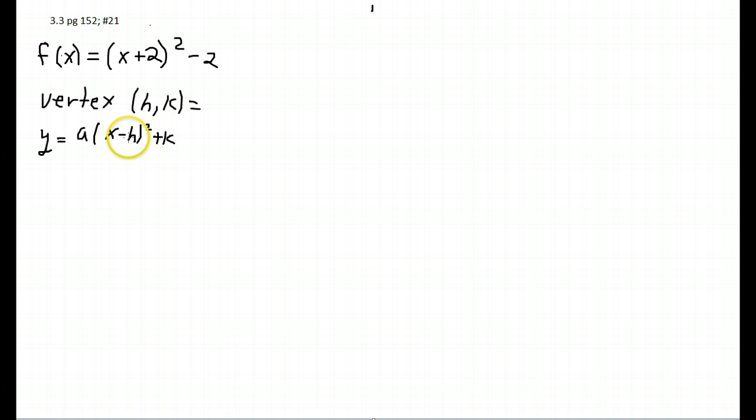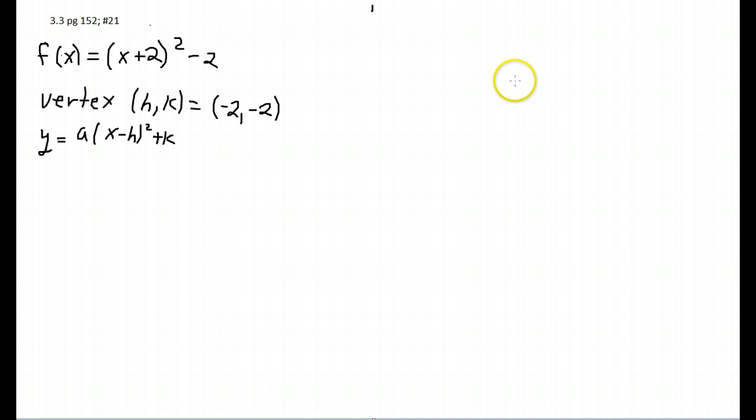So that means negative h equals positive 2, then positive h has to be negative 2. K is negative 2 because there's no sign change in the formula here. Now we know our vertex.